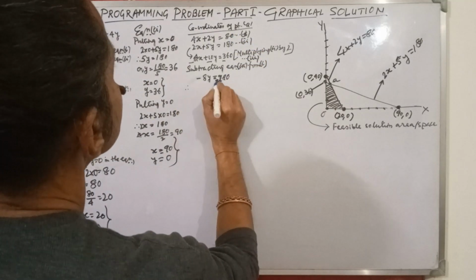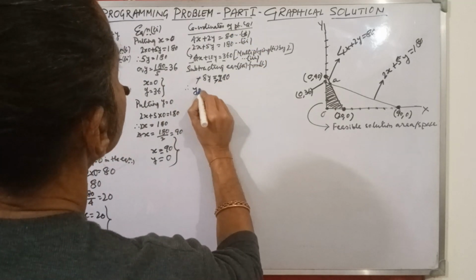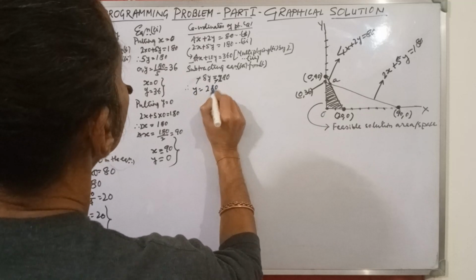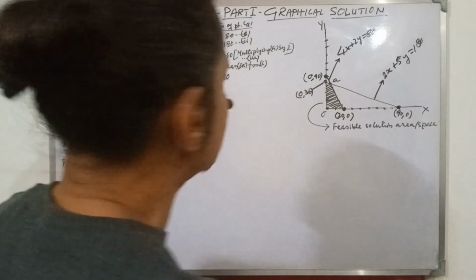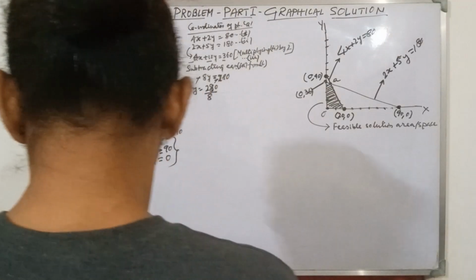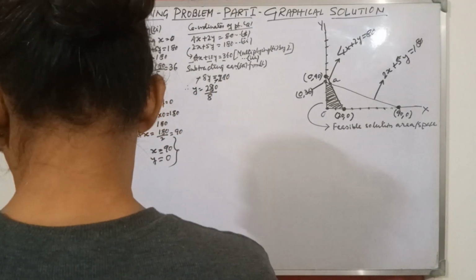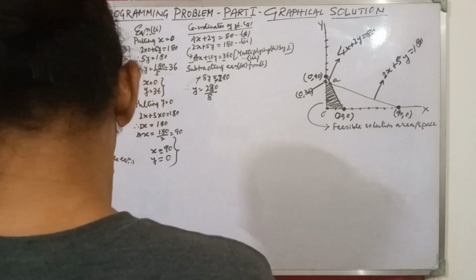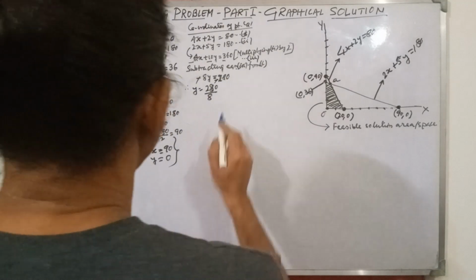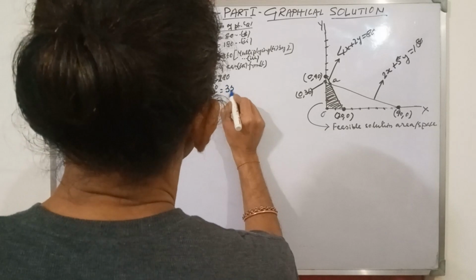Therefore, y equals to 280 divided by 8. Let us see what we get. We get 35. So y equals to 35.